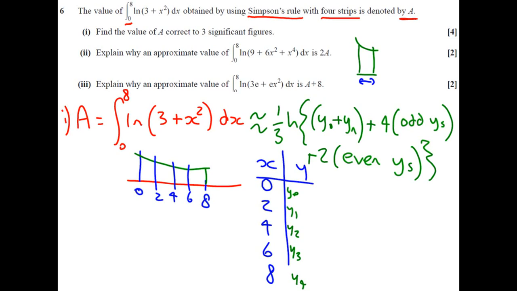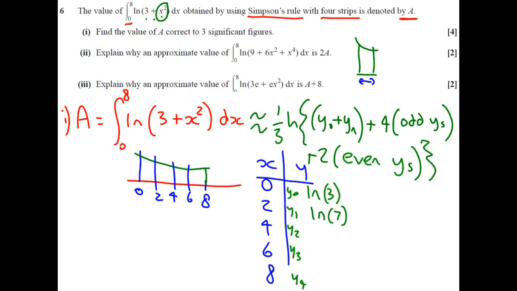You grab your calculator, and for the first one you put 0 into this formula, so 0 for x. In your calculator you type in ln of 3. You can actually keep this exact. It would be 1.0986, etc., but I'm going to keep it exact. For 2, you're going to have ln of 3 plus 2 squared, so it's going to be ln of 7.